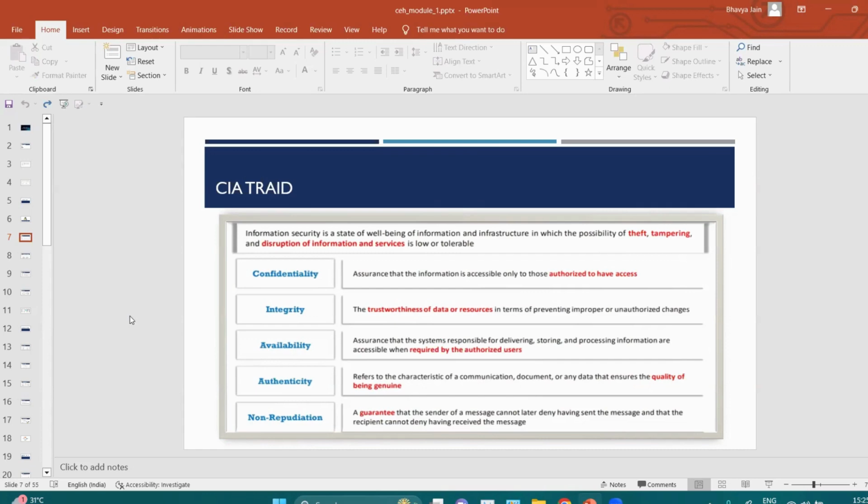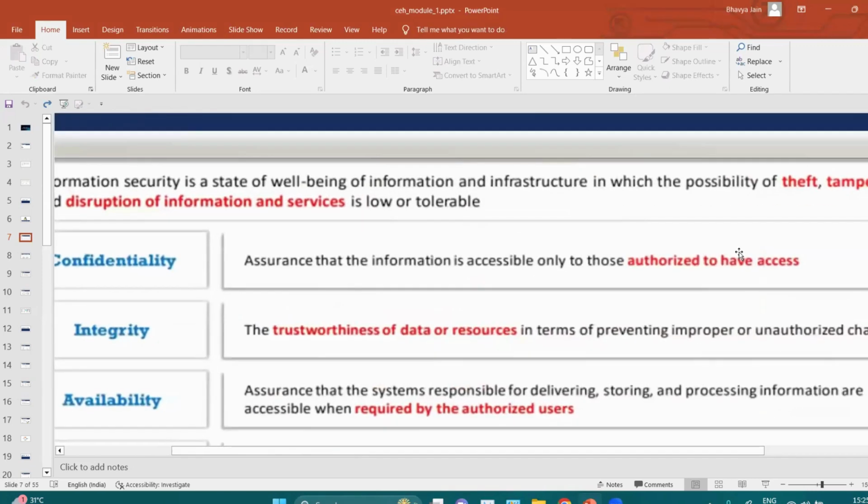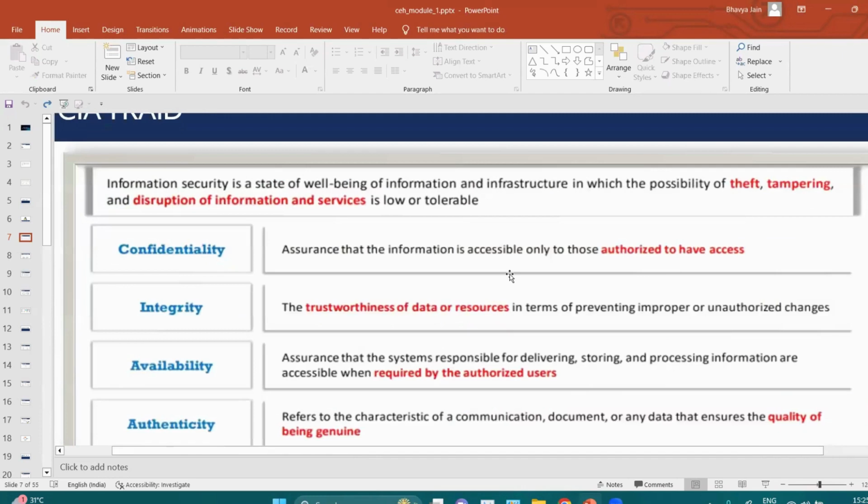Here we have one more definition: information security is a state of well-being of information and infra in which the possibility of theft, tampering, and disruption of information and services is low or tolerable.